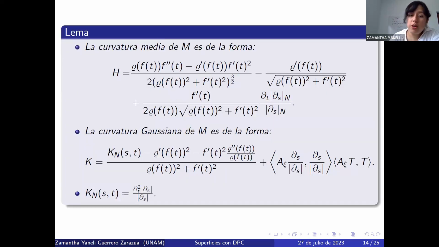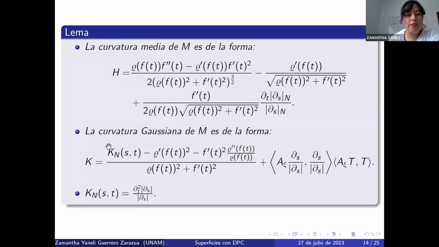So now that we have the shape operator, we can find the rest of the curvatures. Mean curvature is just the sum divided by 2. And for the Gaussian curvature, we have the product of the two principal curvatures plus this term, which is the sectional curvature of the plane tangent to the surface.